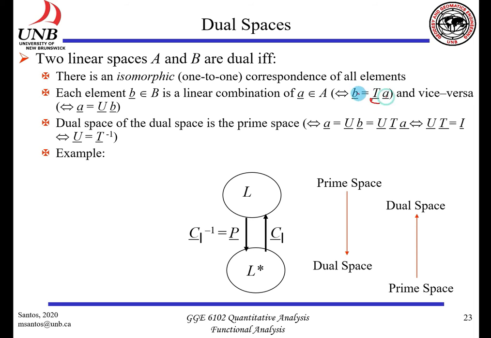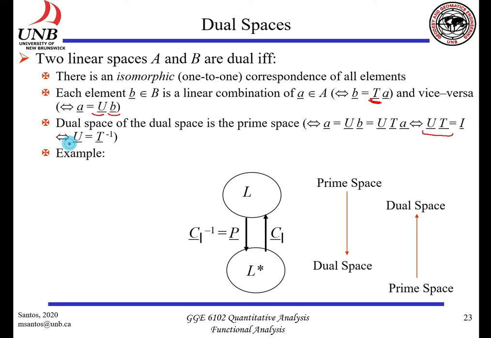If we want to go from A to B, we have this linear mapping T, and going from B to A, we have this linear mapping U. If you go from A to B and then from B to A, we see that the product of U and T is the identity.